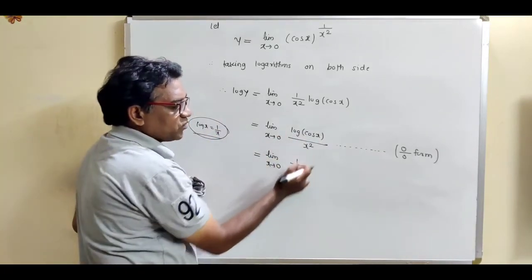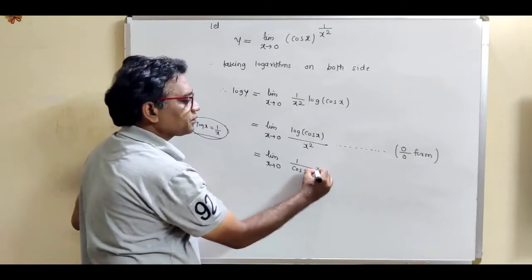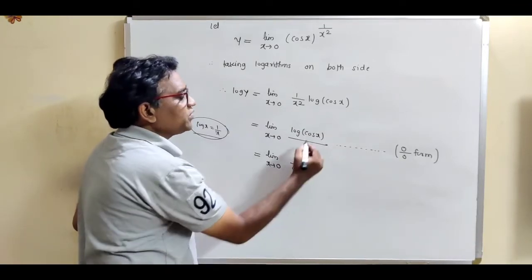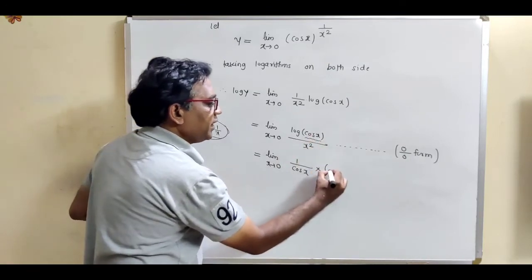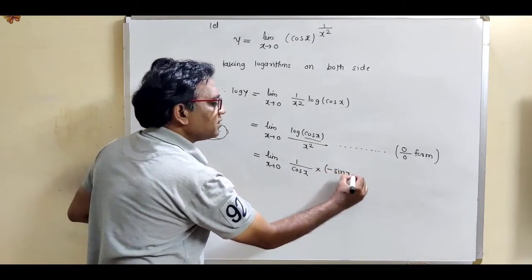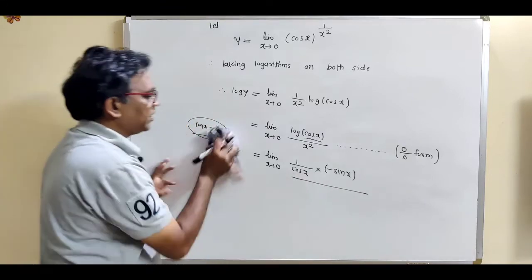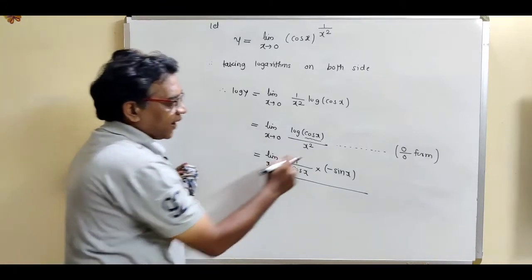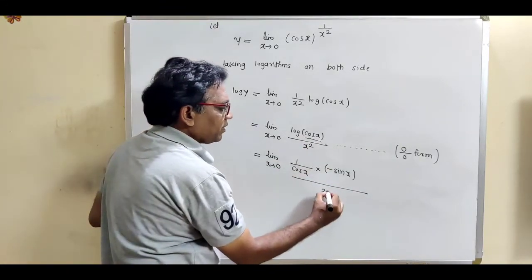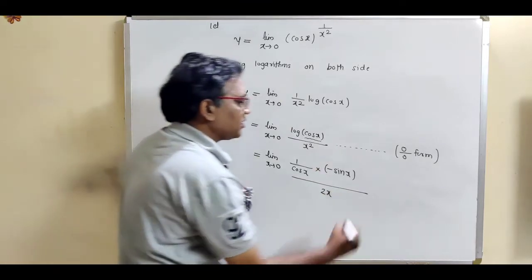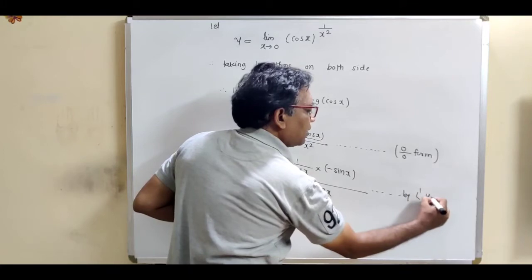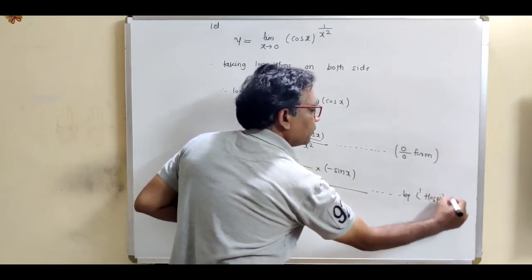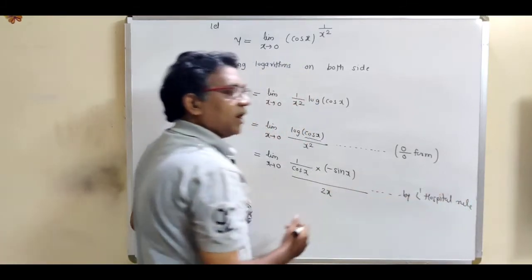So the derivative of the log function is 1 upon cos x, and according to the chain rule, multiply by the derivative of the inner function. The derivative of cos x is minus sin x, divided by the derivative of the denominator, the derivative of x square, which is 2x. Give the reason: by L'Hopital rule.